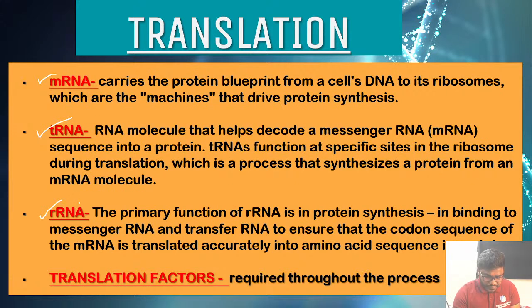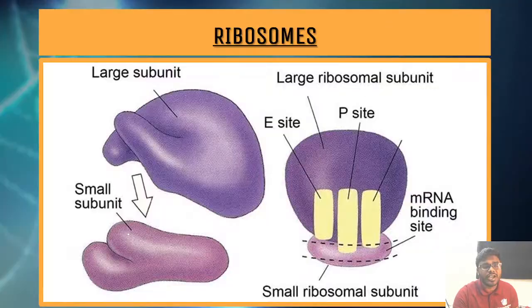Very simple. Same as in prokaryotes, where we read initiation, elongation and termination factors, the same way, friends, in eukaryotes also, initiation factors, elongation factors and termination factors. But friends, the number of factors involved is more when compared to the prokaryotes. That's the only difficulty here.